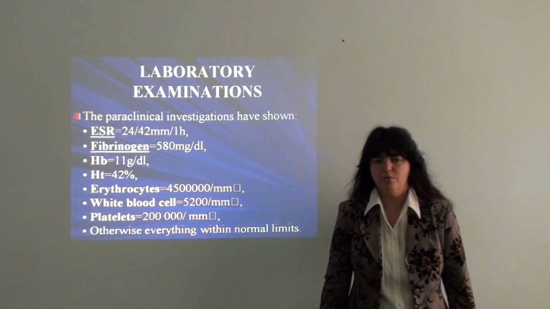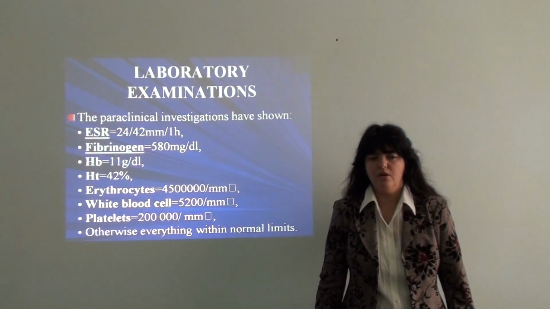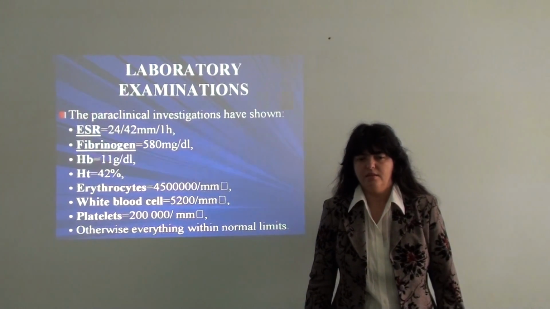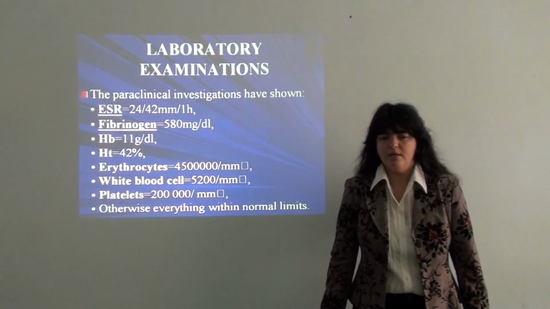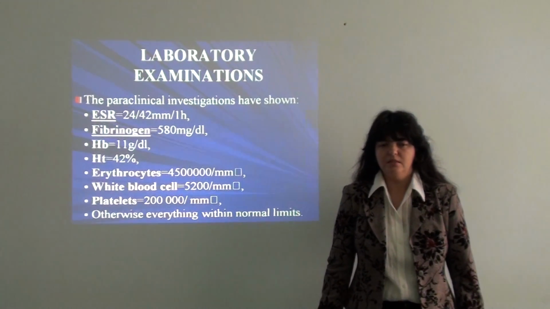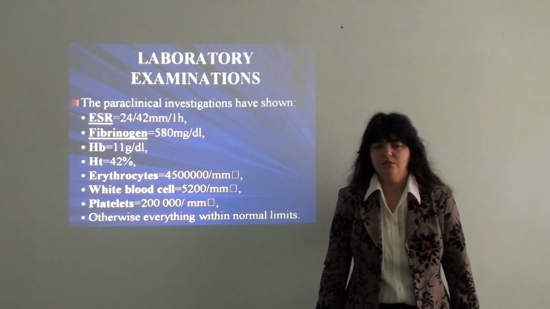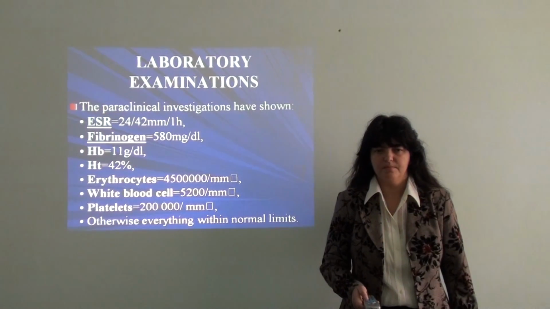The level of hemoglobin was 11 gram per deciliter. The level of hematocrit was 42%, and the levels of erythrocytes, white blood cells, and platelets were in normal range, and everything else was within normal limits.